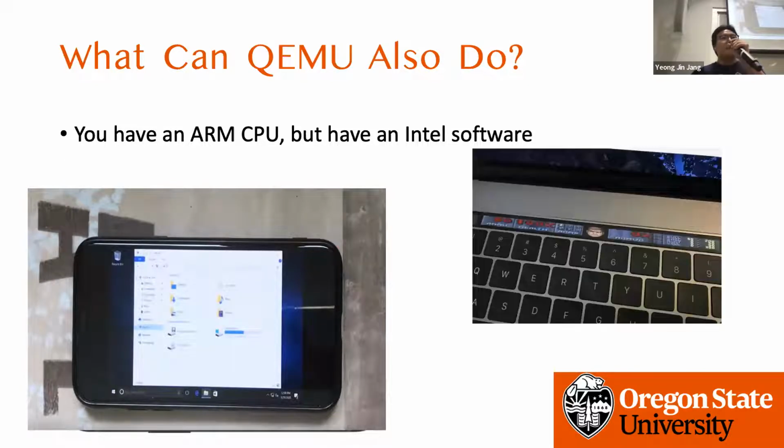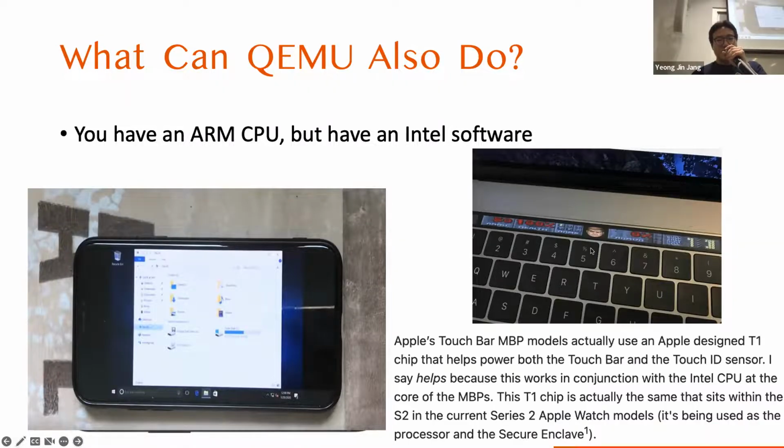And another thing that is possible is, if you have a MacBook Pro, not the latest, even the latest one has this kind of bar, right? This bar is running with the Apple-designed T1 chip. It has a different instruction set than x86, but that's also software controlled.